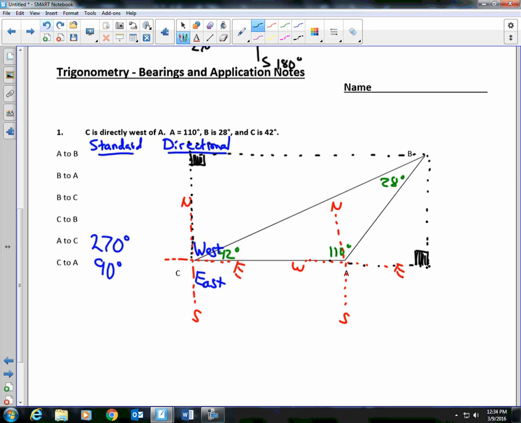This is 42. What is this? Not 180, but 90 minus 42 is 48. And then this angle up here would be 180 minus 90 minus 48, which is 42.